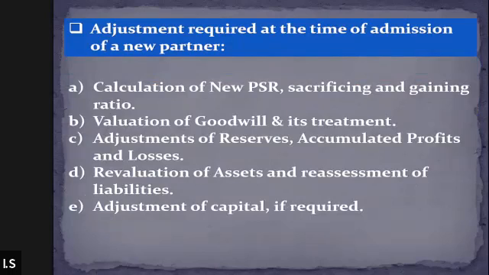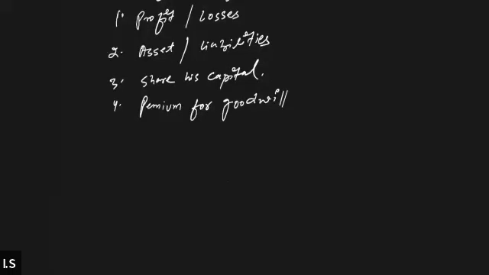All right, now move to the next point. The next thing is adjustments required at the time of admission. Whenever a new person gets admitted to the partnership, it requires 5 types of adjustment.